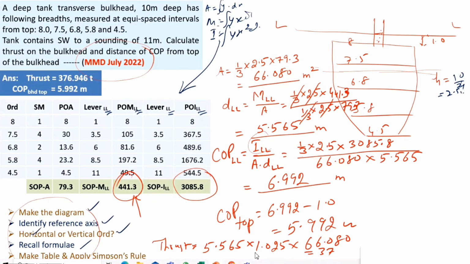I just had a doubt. While solving this question, sir, could we have just taken the lever from the top of the bulkhead and then added 1 meter and calculated DLL? But why would you want to hold your ear going round the head from behind? You can do whatever, as long as you don't mess it up. What will you do with the inertia? If you take the lever, you'll get the inertia about the bulkhead top, and you'll end up in a greater soup.